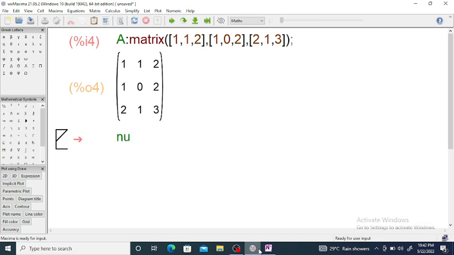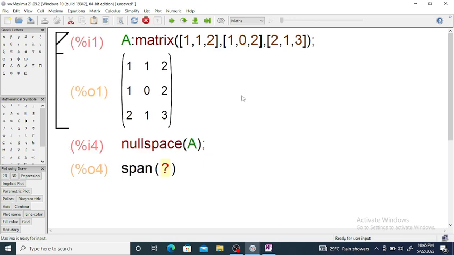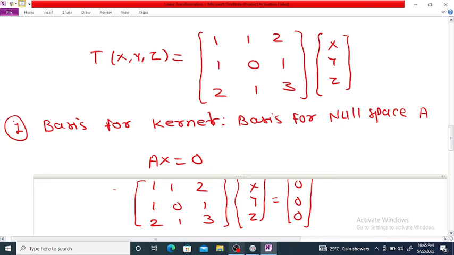To find a null space of A, just enter the command nullspace of A. Just one minute. Here the matrix is incorrect. It should be 1 1 2, 1 0 1.